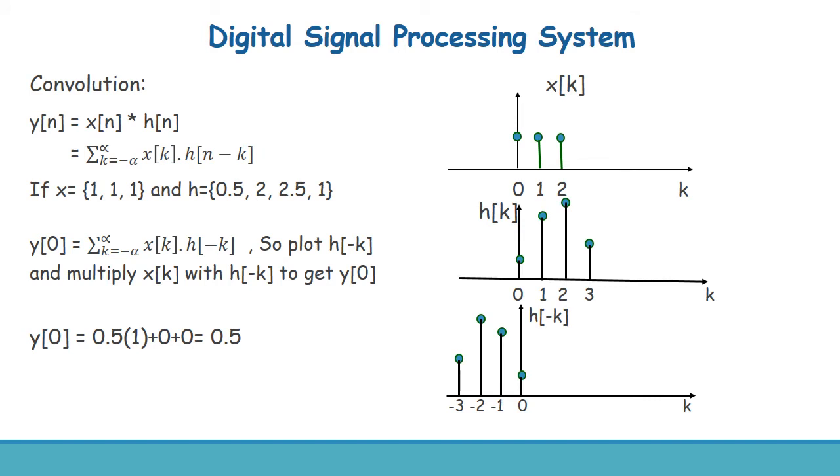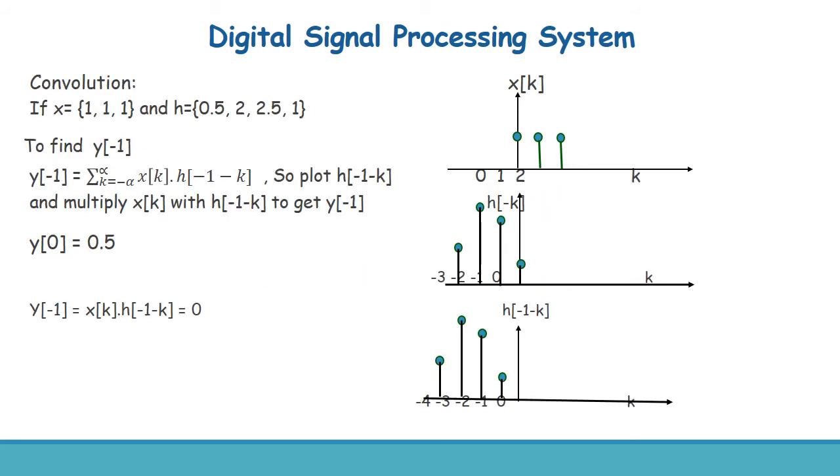Now to get y of minus 1, substitute n equal to minus 1. The formula becomes x of k times h of minus 1 minus k. So you have the same plot of x of k, and that is multiplied by h of minus 1 minus k.